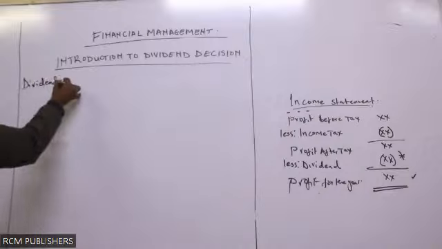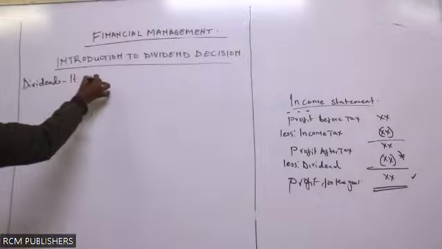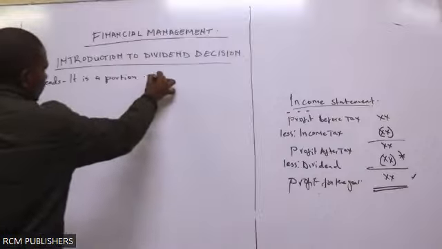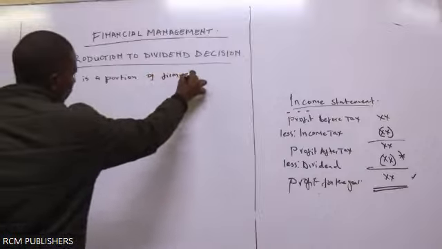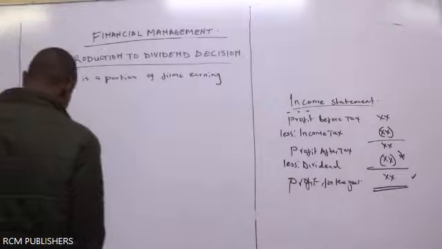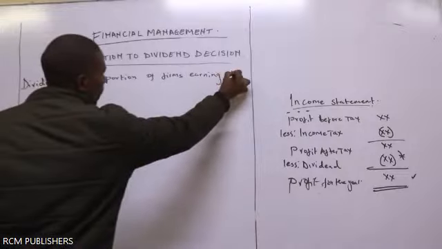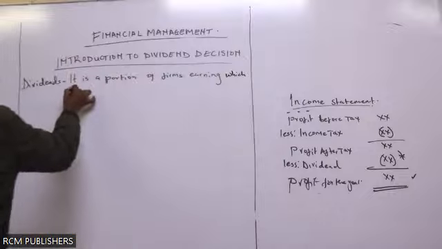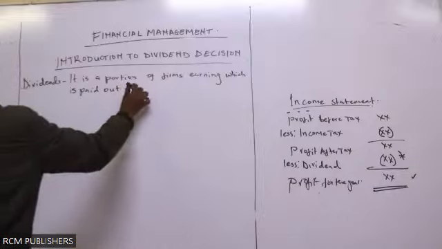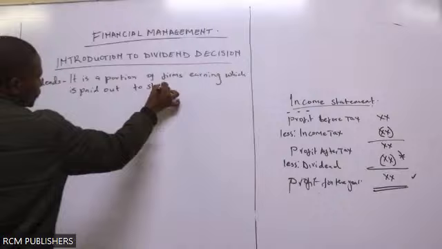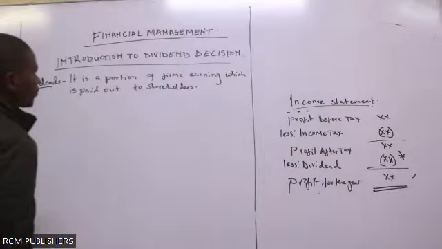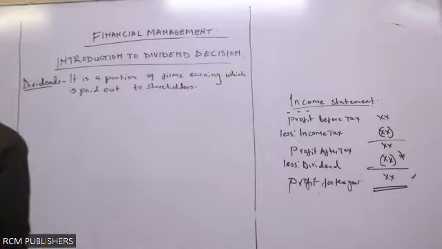Dividend is a portion of the firm's earnings which is paid out to shareholders. So if you are asked to define dividend, that is how easy it is.